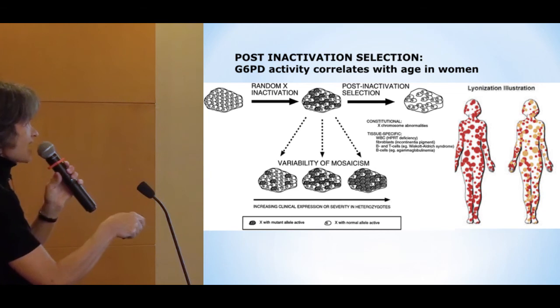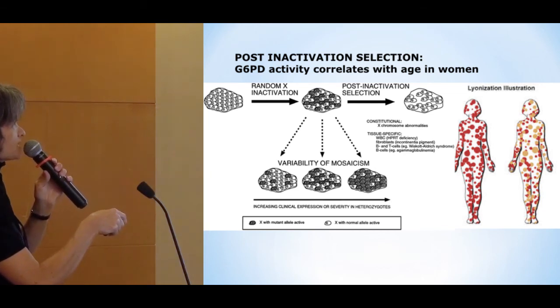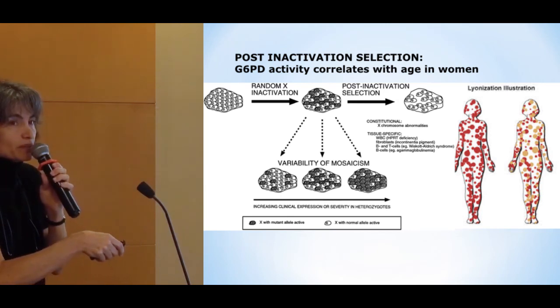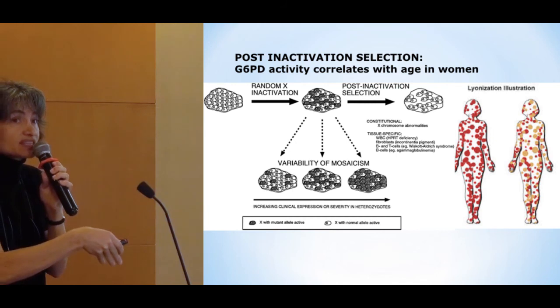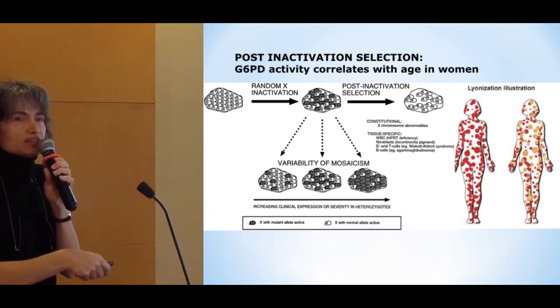Because with age, in carrier women, the G6PD activity will increase because the cell lines that will remain display the non-mutated allele.